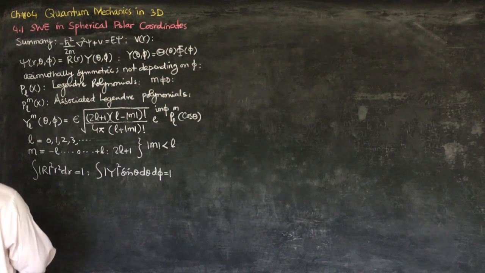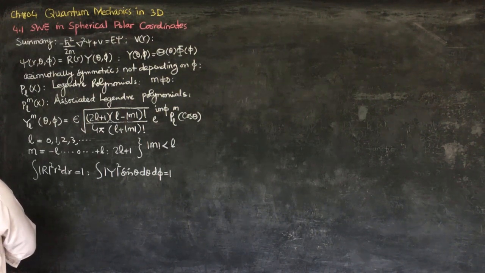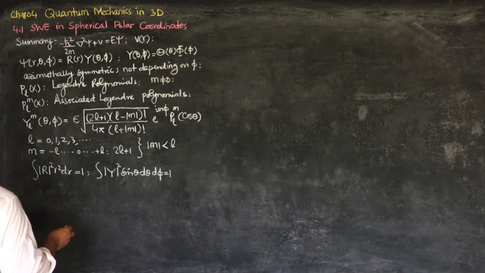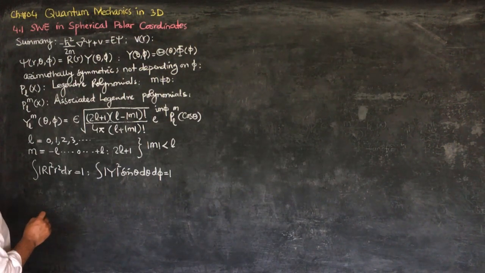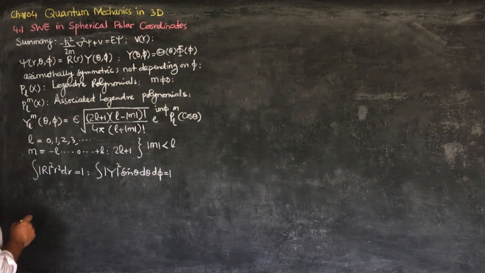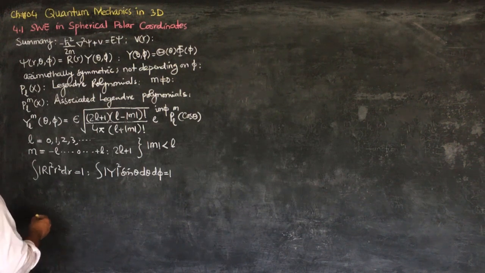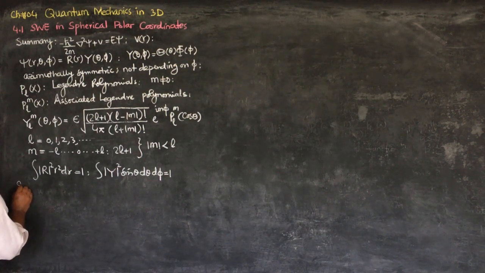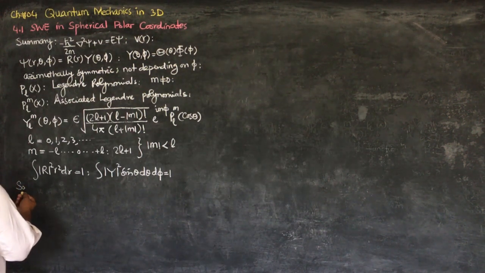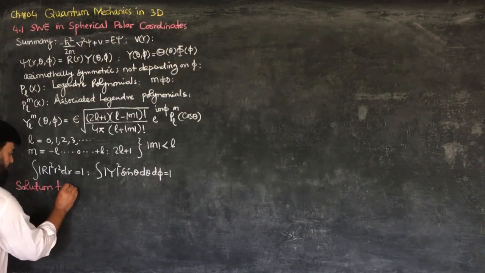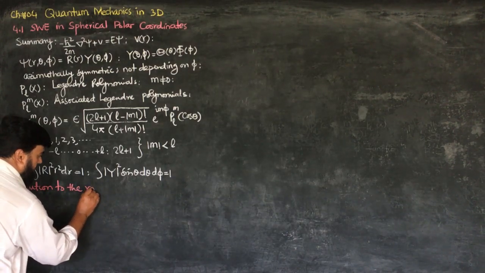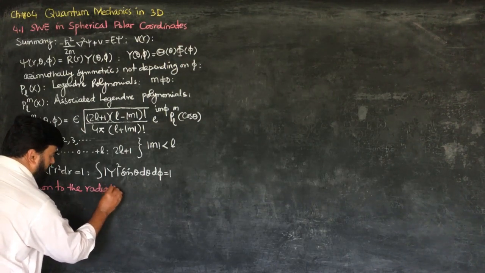But when we do the radial equation, we need a potential, and for that we will take an example, which is the hydrogen atom. So let me start with the solution to the radial equation.